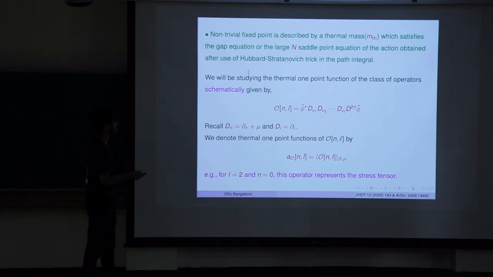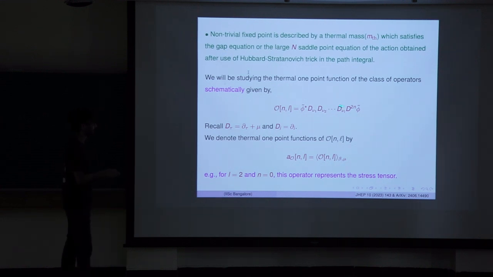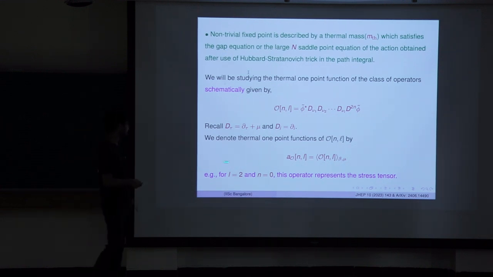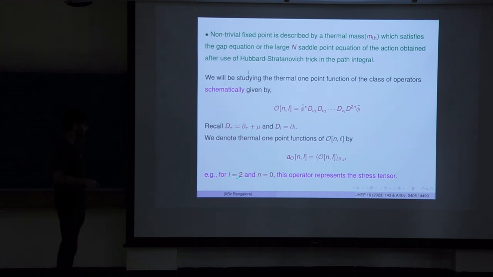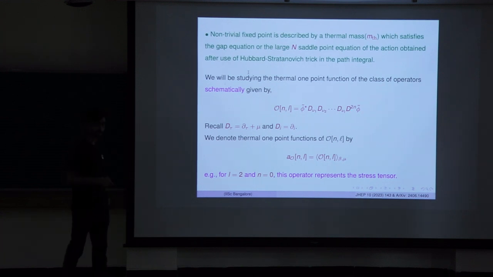This is the schematic structure of the operator whose thermal one-point function we are going to study, and the thermal one-point functions of such operators are denoted by this notation. L is the number of covariant derivatives, and n is the number of second covariant derivatives. To give some context, for L equal to 2 and n equal to 0, this operator represents the stress tensor of the theory.